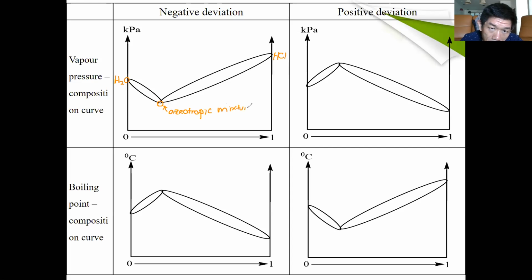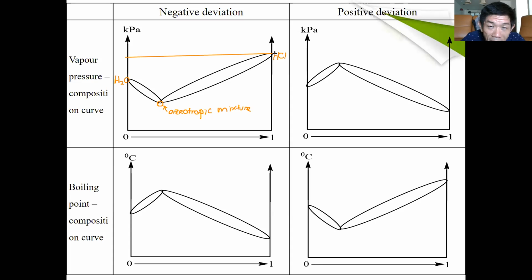Now, if you still remember, when I showed you how to draw the vapor pressure composition curve and the boiling point composition curve, you imagine you have a line here and you reflect it.